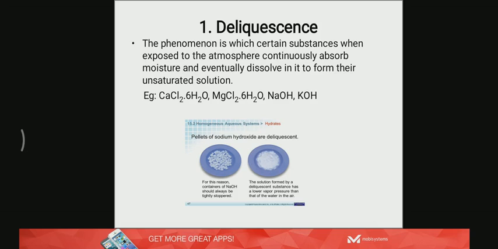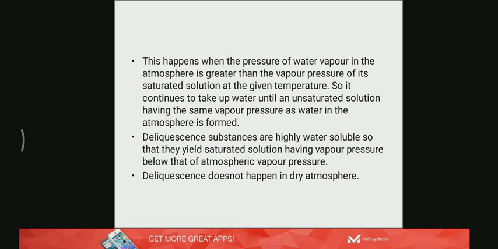What is the reason behind deliquescence? This happens when the pressure of water vapor in the atmosphere is greater than the vapor pressure of the substance's saturated solution at the given temperature.